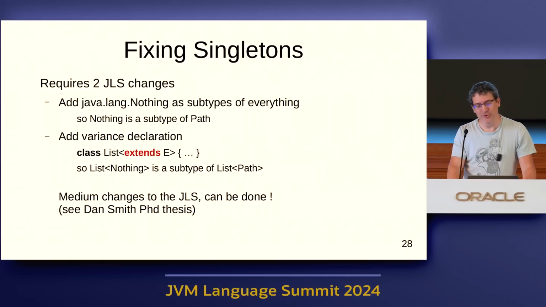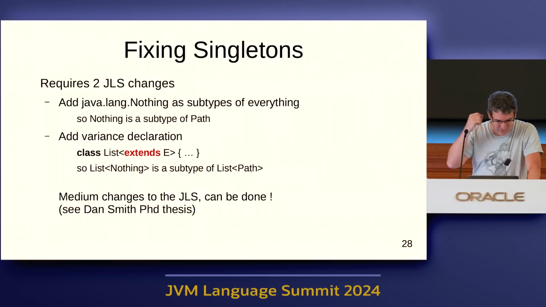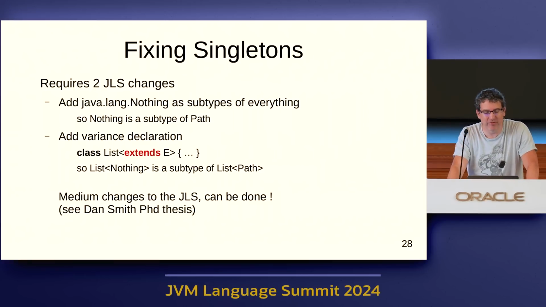You need a new type. Let's call it Java.lang.Nothing, which is a subtype of any type. And you need a way to declare that when you have a class like a list, which is immutable, this class will always be covariant. And if you have both these things, then you are okay.